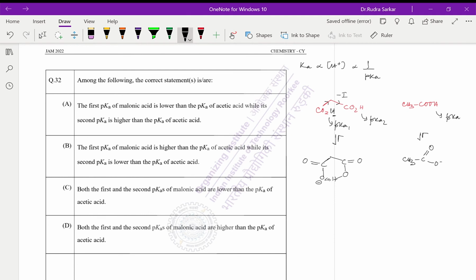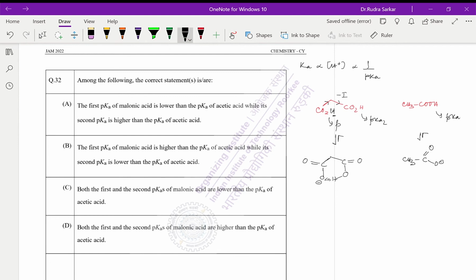So these two factors, the minus I effect, and apart from that the conjugate base stability, are going to increase the acidity, lowering the pKa1 of the malonic acid.